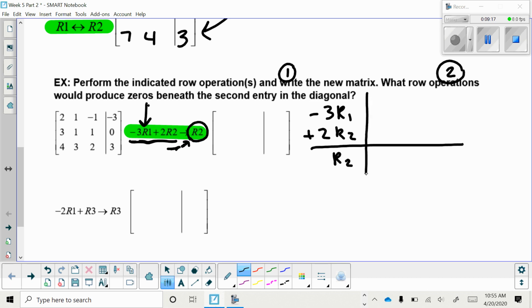So here's what -3 row 1 looks like. -6, -3, +3, and +9. 2 times row 2 looks like this. 6, dang it, 6, 2, 2, and 2.